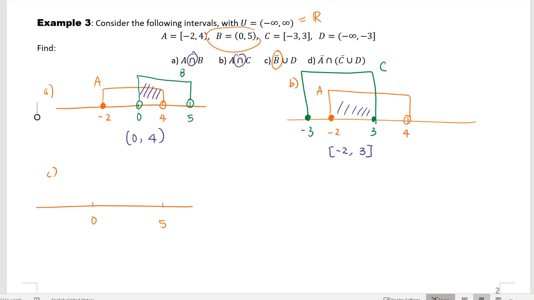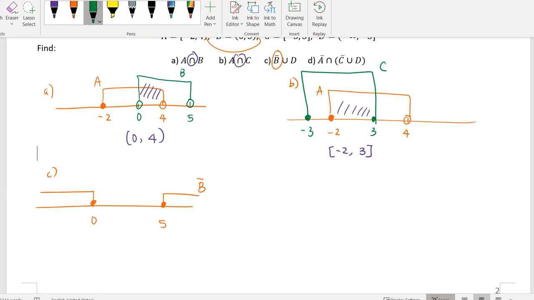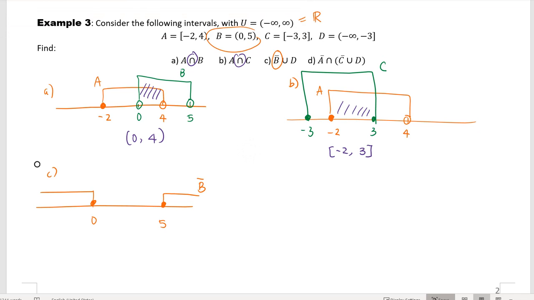Because B does not include 0 and 5, the B complement will include 0 and 5, and it's outside. So this is B complement. You just check the endpoint: if the endpoint is in B, then it's not in the complement. If the endpoint is not in B, then it is in the complement.